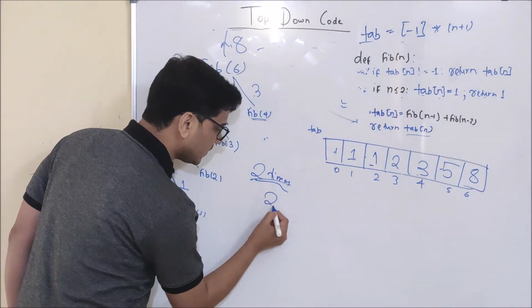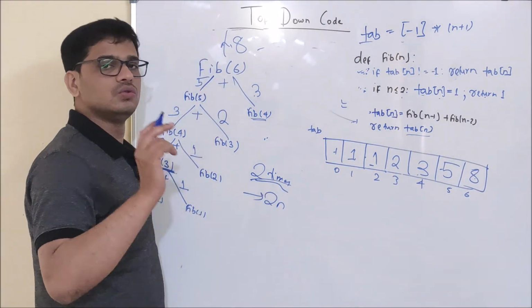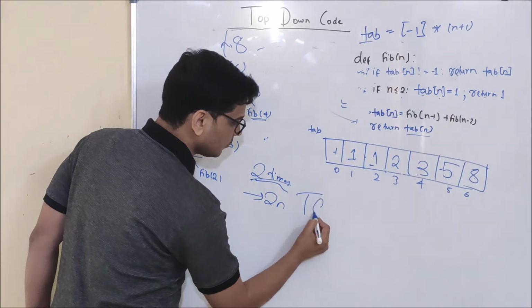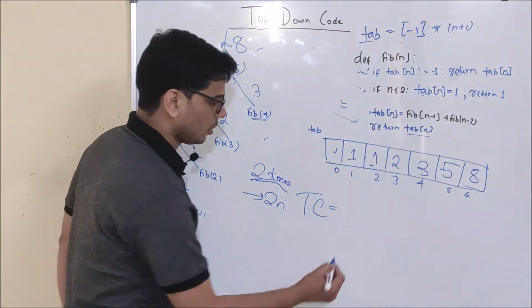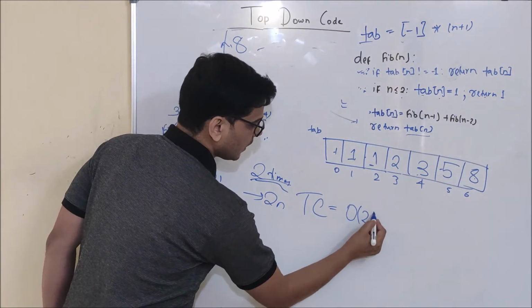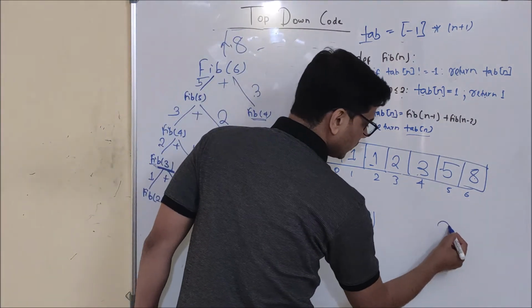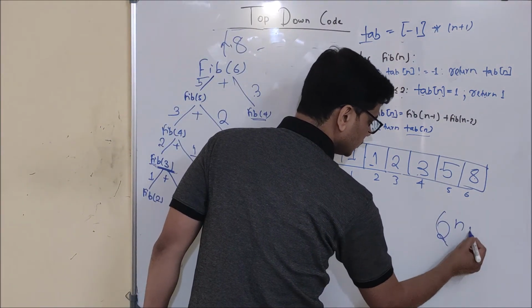So the maximum number of function calls will be 2n. Got it? So my time complexity here will be order of n. And what was the time complexity of the recursive program? Time complexity of the recursive program was exponential.